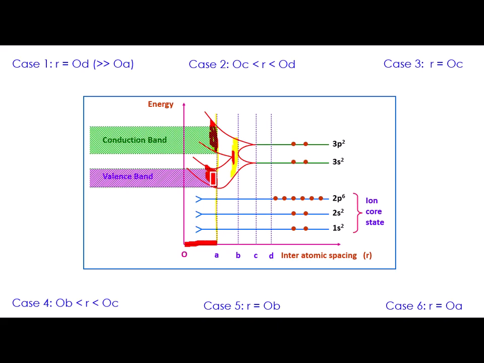And the gap of energy between this valence band and conduction band is called the forbidden energy gap. The separation between the highest level of the valence band and the lowest level of the conduction band is called the forbidden gap or energy gap, forbidden energy gap or band gap.